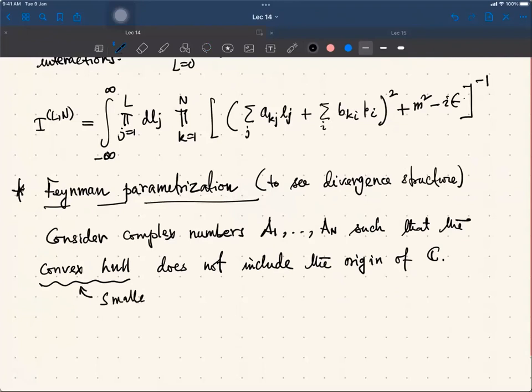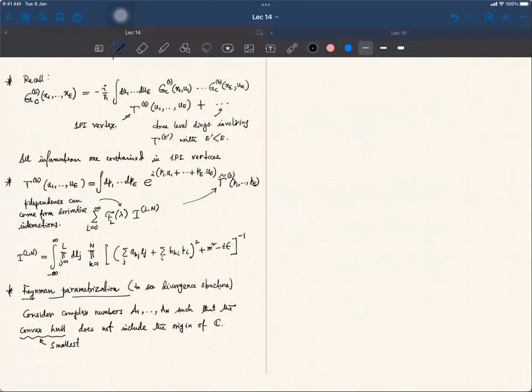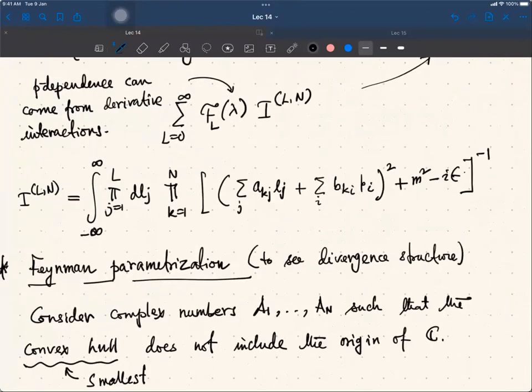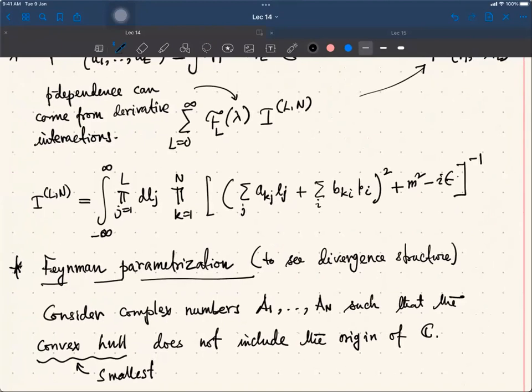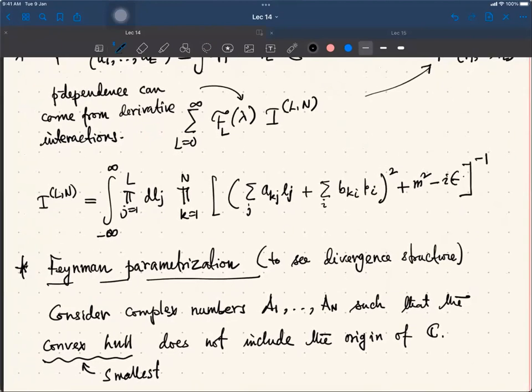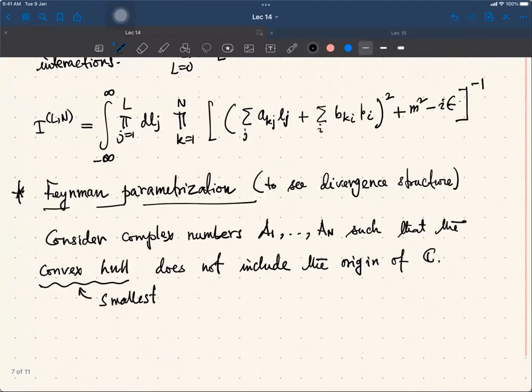Smallest convex set on the plane containing A1 to AN.